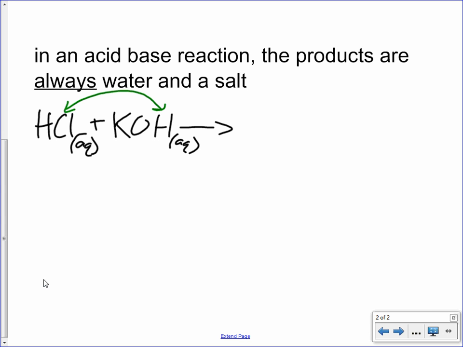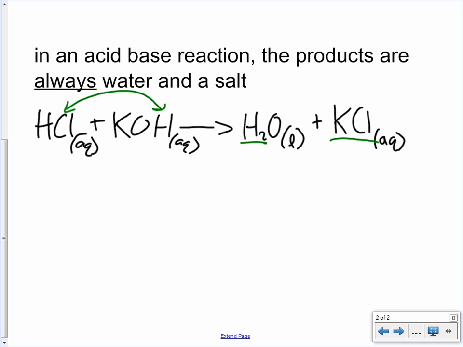Alright, so we switch them, and again we get liquid water and this time our salt is going to be potassium chloride instead of sodium chloride. And we got water again. Let's finish that. Okay. So water and a salt, acid-base reaction. Works the same way.